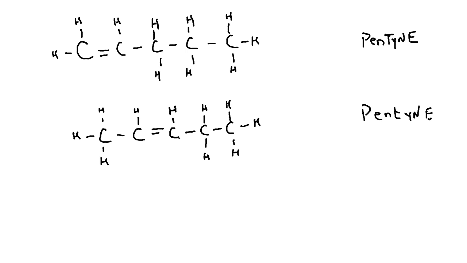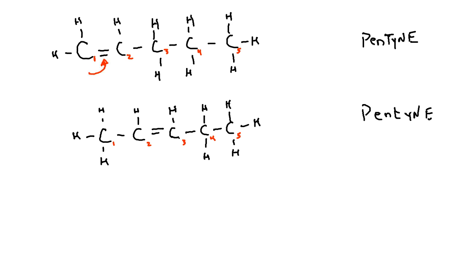So again, I'm making this up. The first one I drew here with the triple bond is on carbon 1. This would be carbon 2, carbon 3, carbon 4, carbon 5, okay? And here we start 1, 2, 3, 4, 5. Okay, this one with the bond on carbon number 1, this pentyne, could be again a brown poisonous gas.